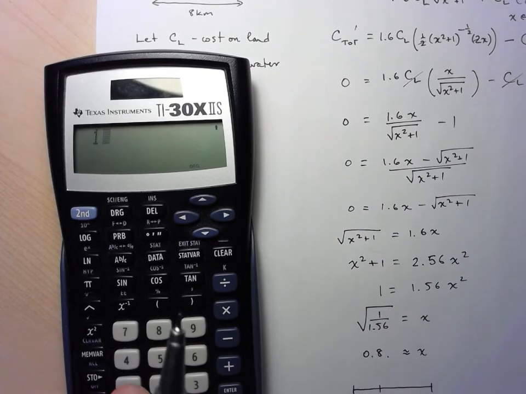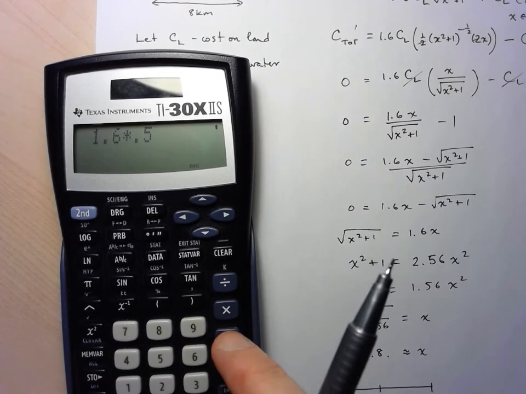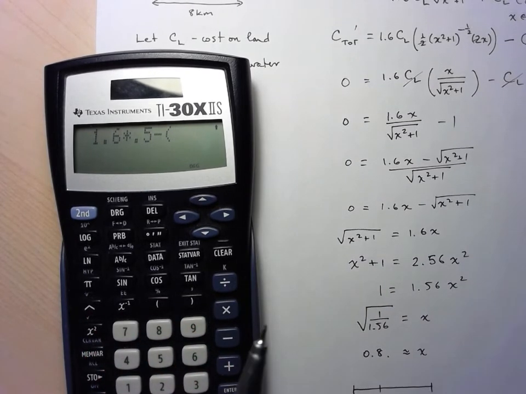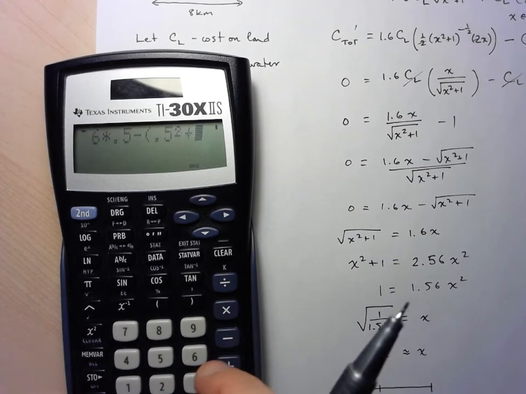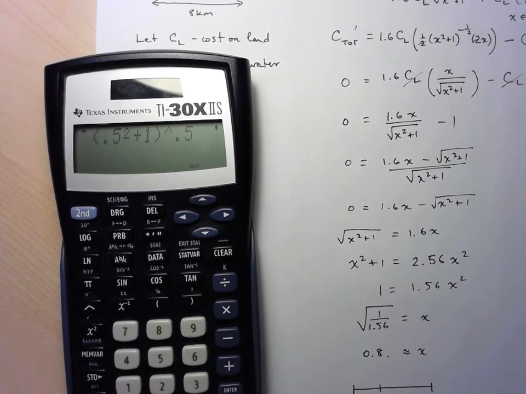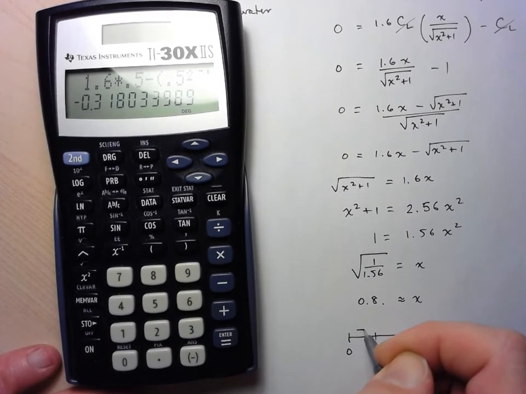So 1.6 times 0.5, and then minus the square root of 0.5 squared plus 1. So take the square root of that, and I end up with a negative number. So that means that between 0 and 0.8, since it's the only critical point, it's always decreasing.